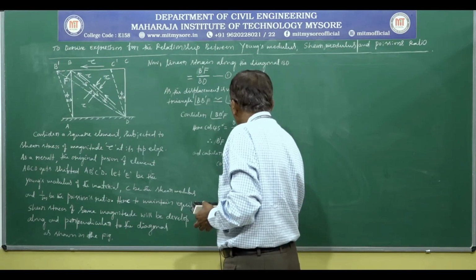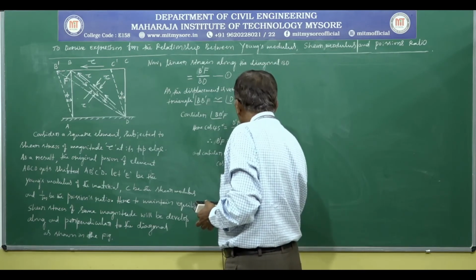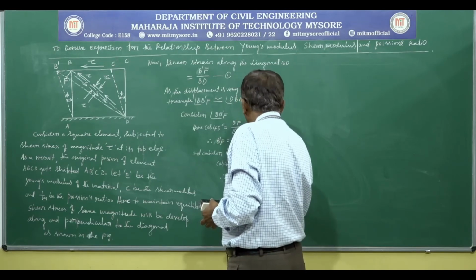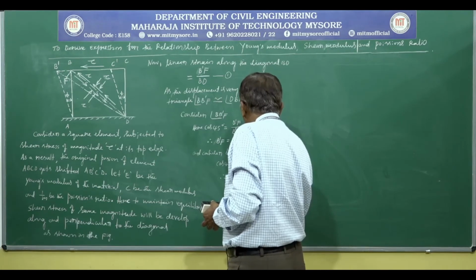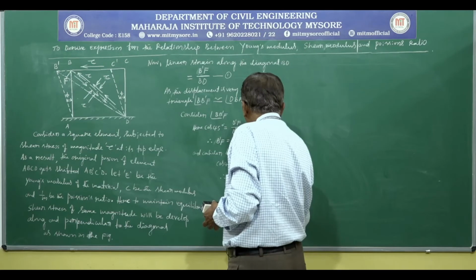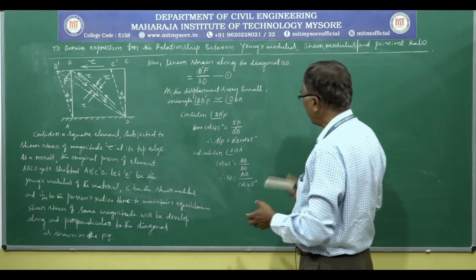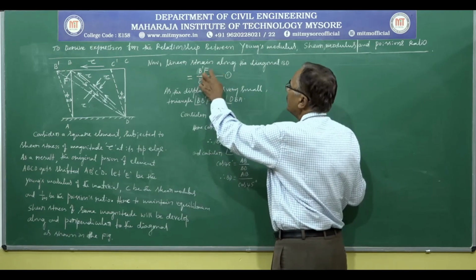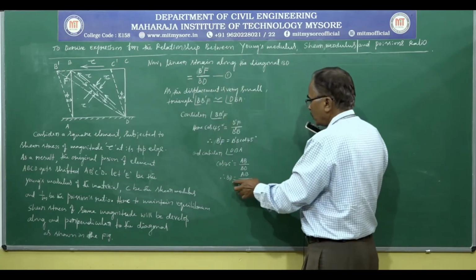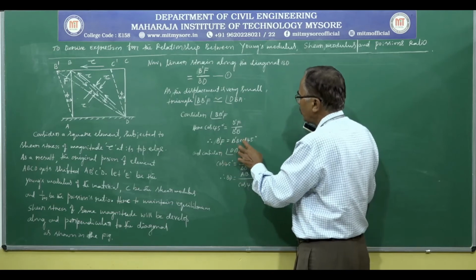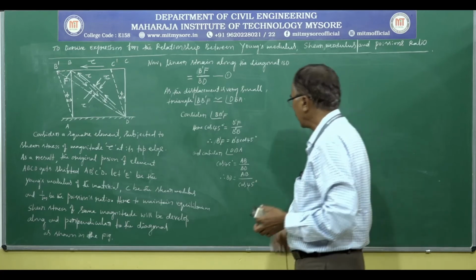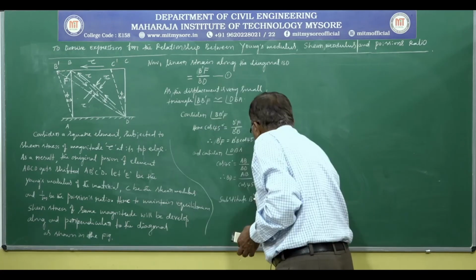Therefore, BD is equal to AB divided by cos 45. Here we are purposefully writing expressions for B'F and BD, since equation 1 is in the form of B'F and BD. So we got B'F is equal to B'B cos 45 and BD is equal to AB by cos 45 degrees.